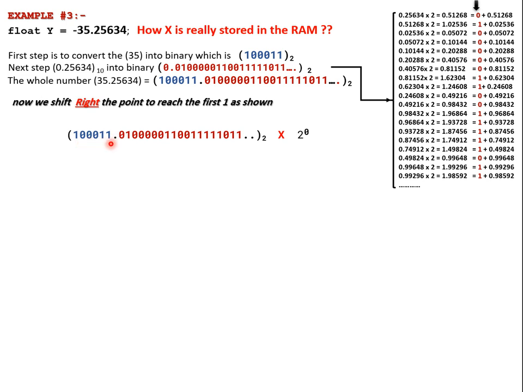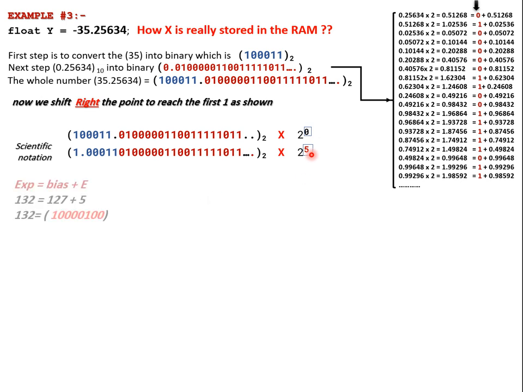How many bits should we shift? Let's see. We move this decimal point 1, 2, 3, 4, and 5. We do not exceed this one, so we stop right here. Now we have to increment the exponent to become 5. It's clear now. It's in scientific notation.